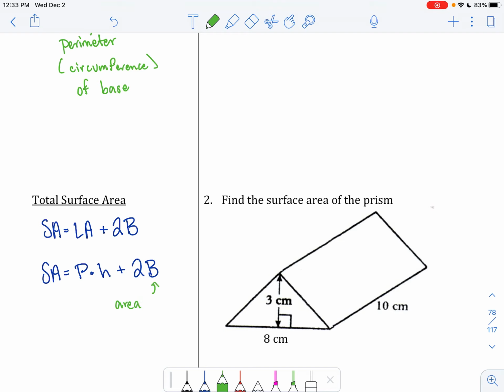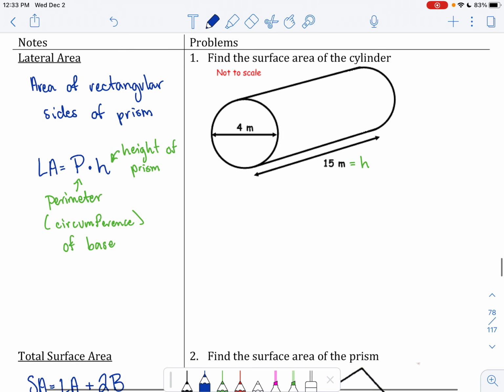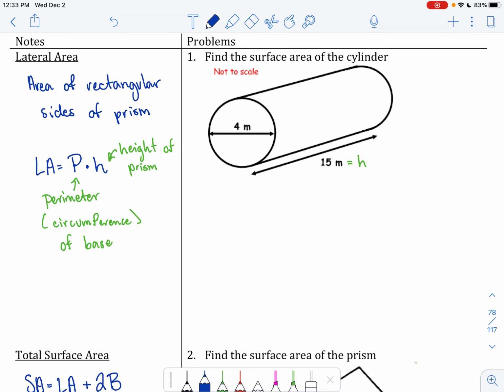Again, this big B is the area of the base, just like it was in the volume formula. Looking here, number 1 asks us to find the surface area of the cylinder. So I will say the surface area formula is perimeter times height plus 2B.